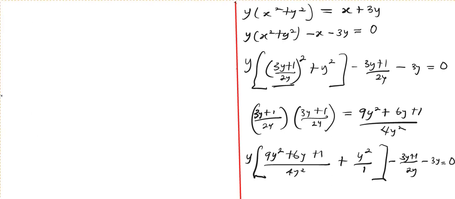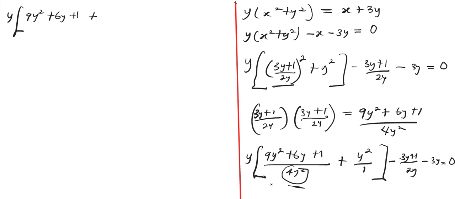So let's continue on this part of the board, and if you notice in this equation, the LCM here in this part of the bracket is 4y squared. Okay, so let's use the LCM to multiply the numerator and the denominator. So we have y into (9y squared plus 6y plus 1), because if we use 4y squared to multiply the numerator, it will cancel this, so we are going to be left with this, plus this 4y squared will multiply y squared.